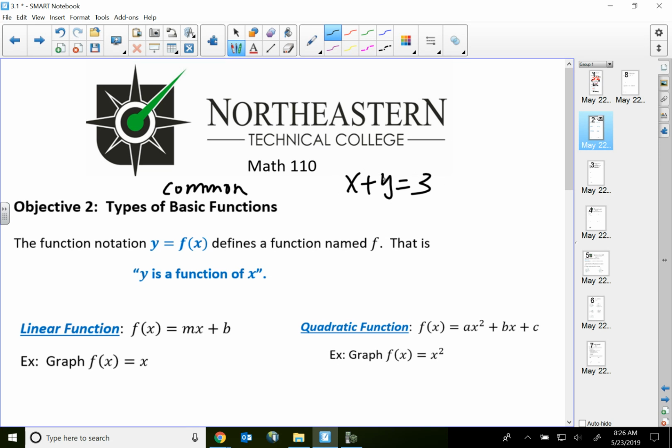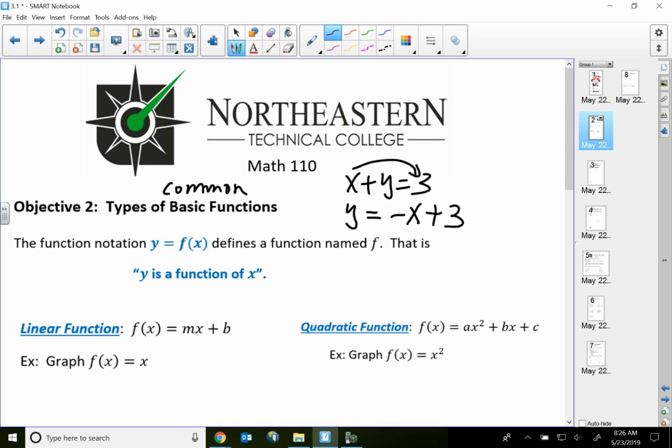If I want to graph this, I can either find 2 points, plot them on the graph and then draw a line, or I can solve for y. If I solve for y and write this in slope-intercept form, moving the x over, that will be y equal to negative x plus 3.